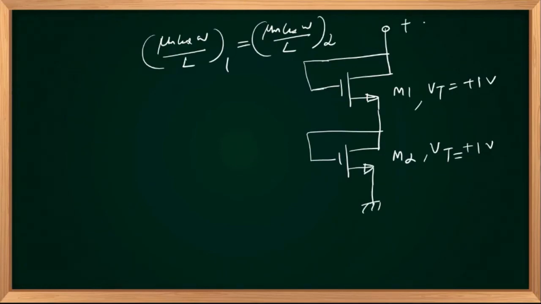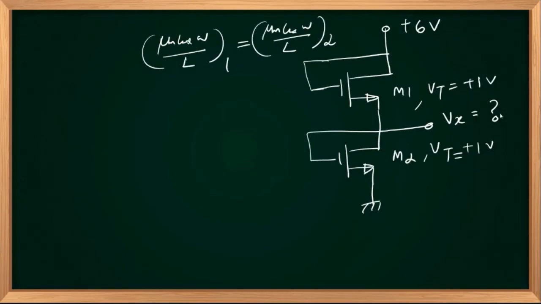W by L, mu n C ox, everything is the same. Supply voltage is, let us say, plus 6 volts. This is marked as Vx. You have to identify the value of Vx. Both transistors are identical. Their VTs are the same.